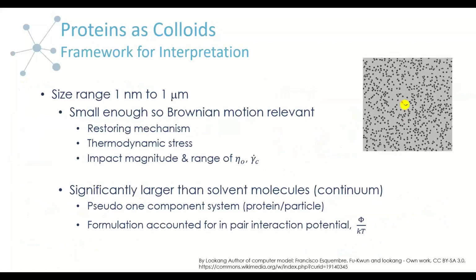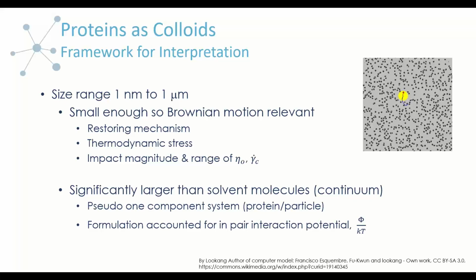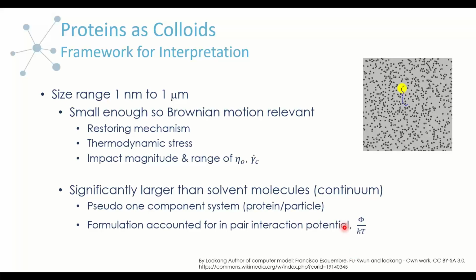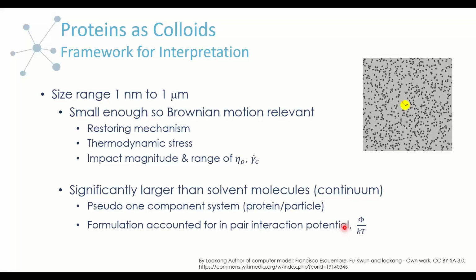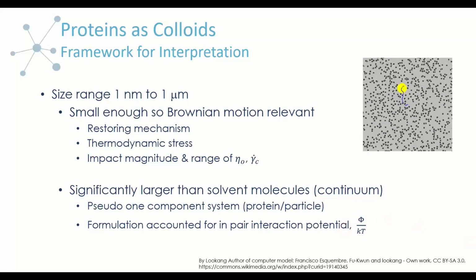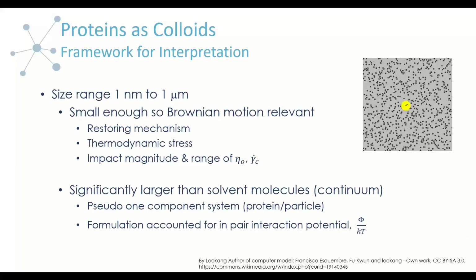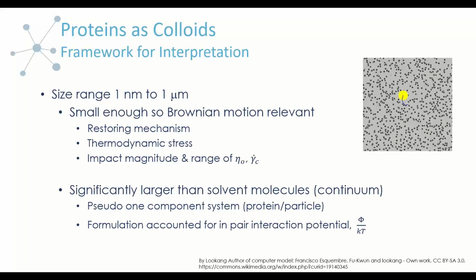So we can use proteins as colloids as a framework for the interpretation of our modeling or what's going on in our system. Now we can use colloid science, but proteins are complicated particles that don't behave like ideal colloids.